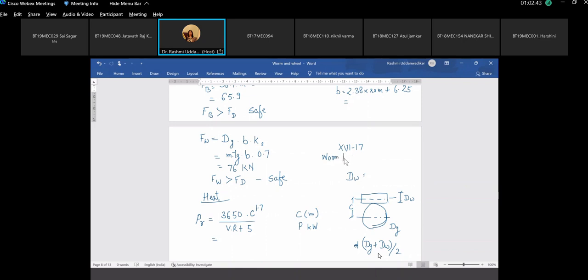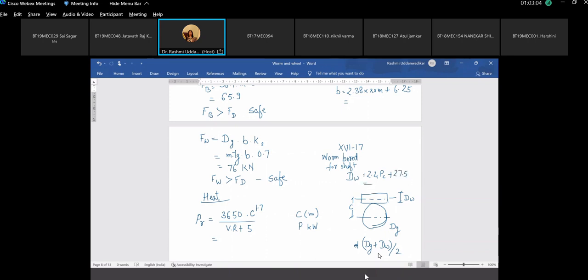Bored means it is hollow. So the formula is 2.4 times circular pitch, which is pi m, plus 27.5. This is for single and double thread.